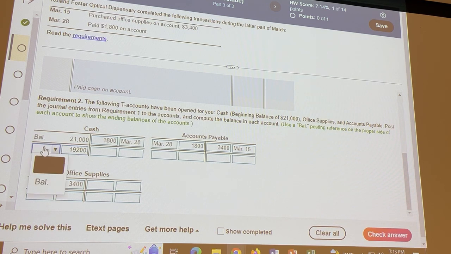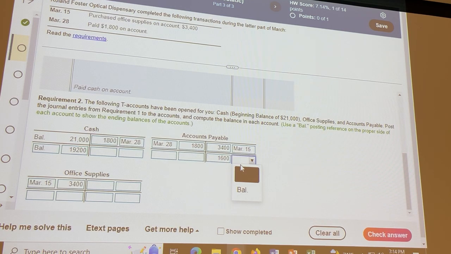And we would use the label balance there again. This can be a little confusing with the labels, but the first place where it says balance is the beginning balance in the account. The second place it says balance is our ending balance. Okay, then for accounts payable, the difference between the debit and the credit would be $1,600, and that would go on the credit side because that's the larger side.